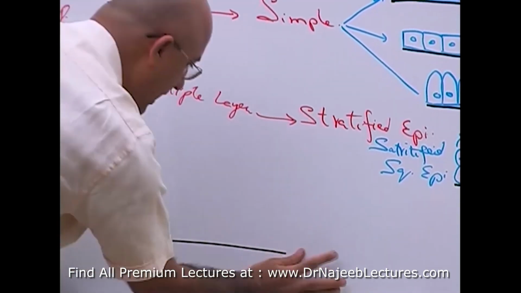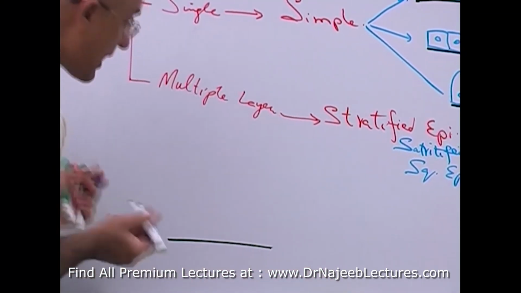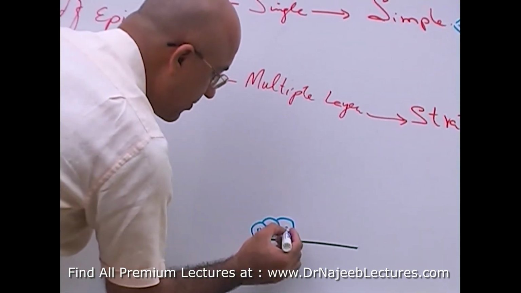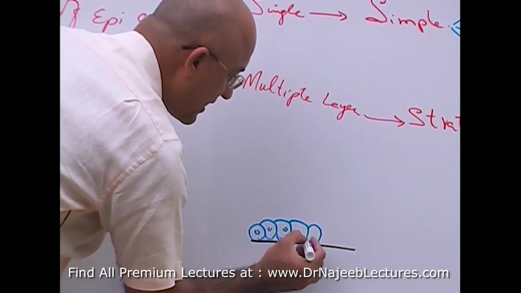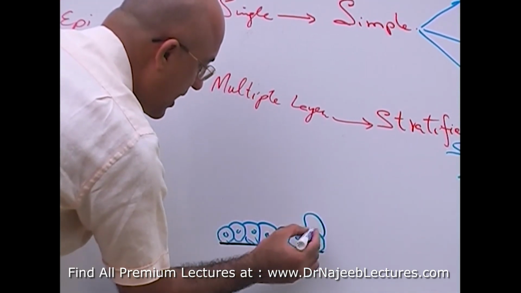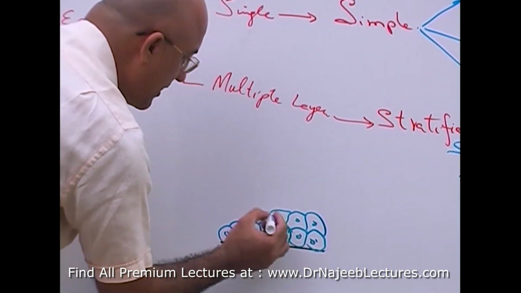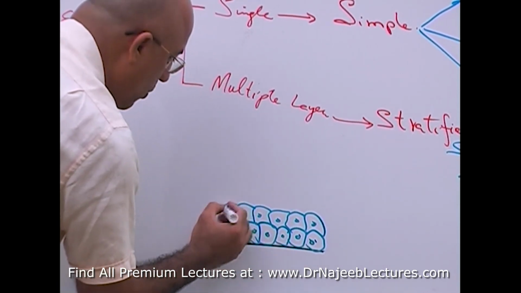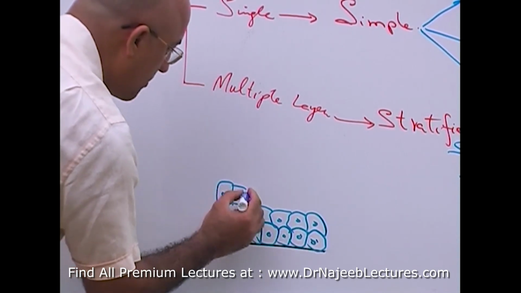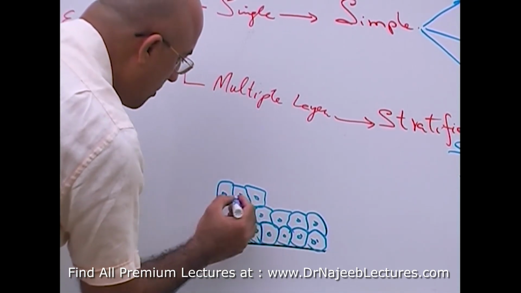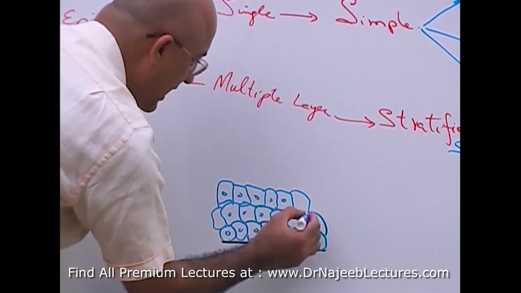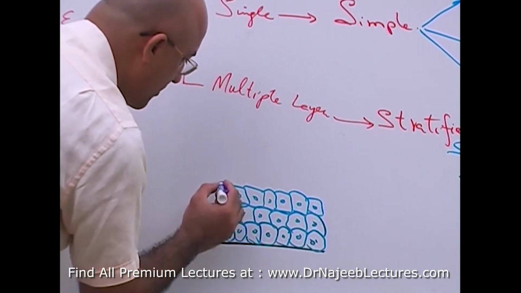Now we look at another type of epithelium, where the cells are again multi-layered, right? Epithelial tissue is multi-layered, and again we have to look at the features of cells at the top. Now in the top layer, are these squamous cells or cuboidal or columnar?